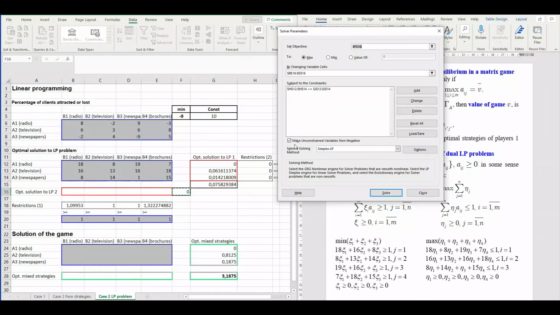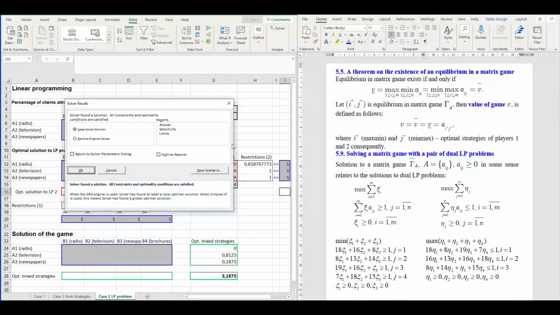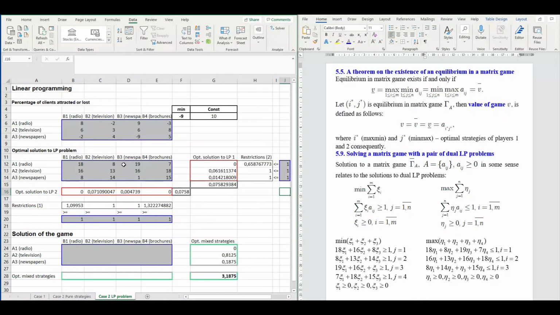Let us find an optimal solution. The optimal solution to the linear programming problem is found, and now we may find an optimal strategy of the second player.